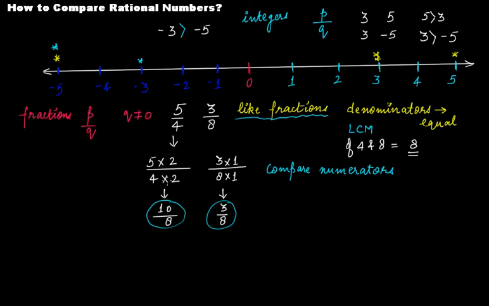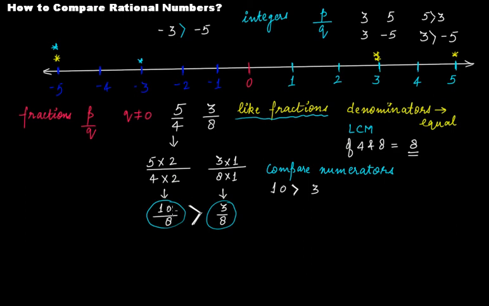In this case, we have numerators as 10 and 3. Now that's really very simple. 10 is of course greater than 3. So if 10 is greater than 3, we say that 10/8 is greater than 3/8. And why? We compare the numerators, and since in this case 10 is greater than 3, therefore this fraction is greater than 3/8.